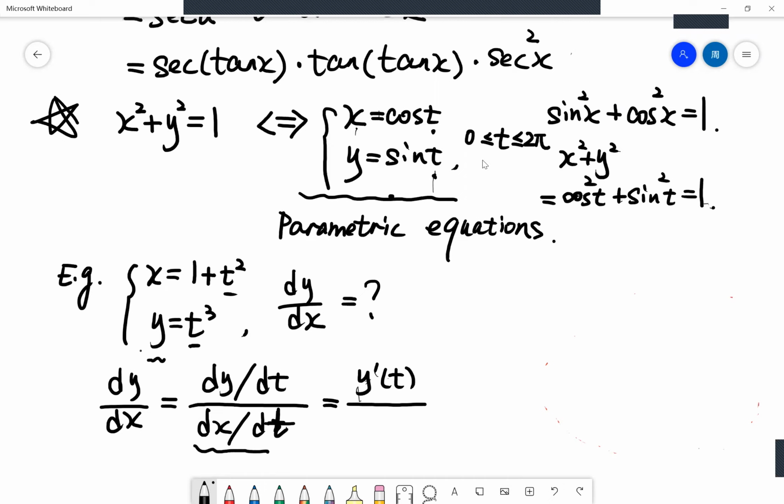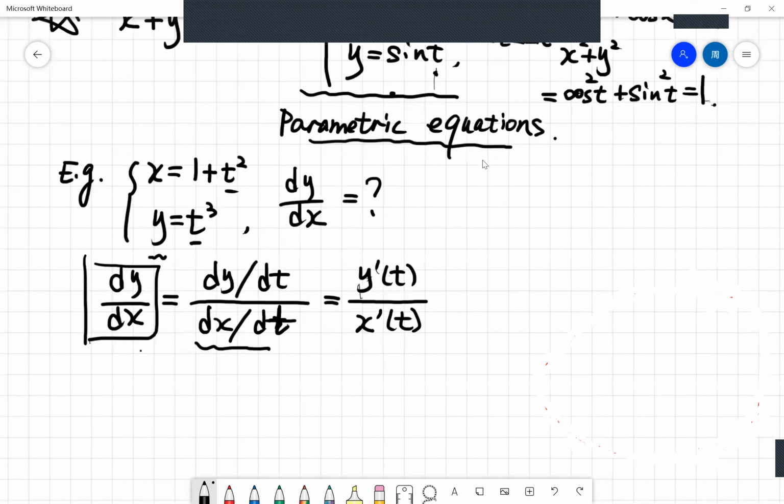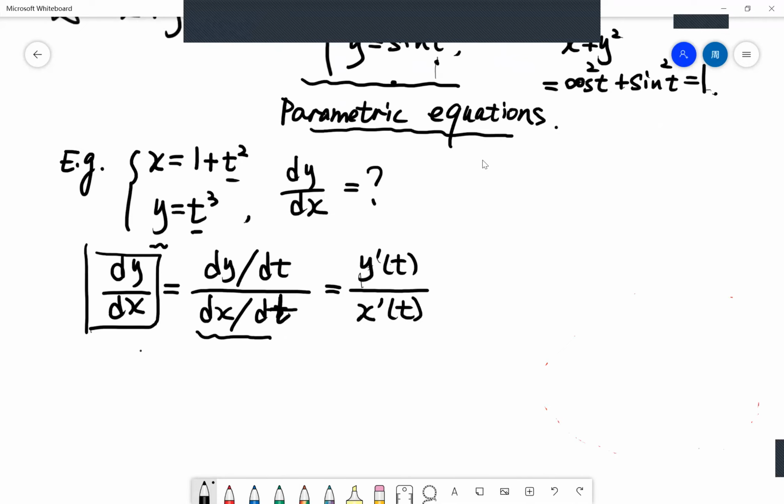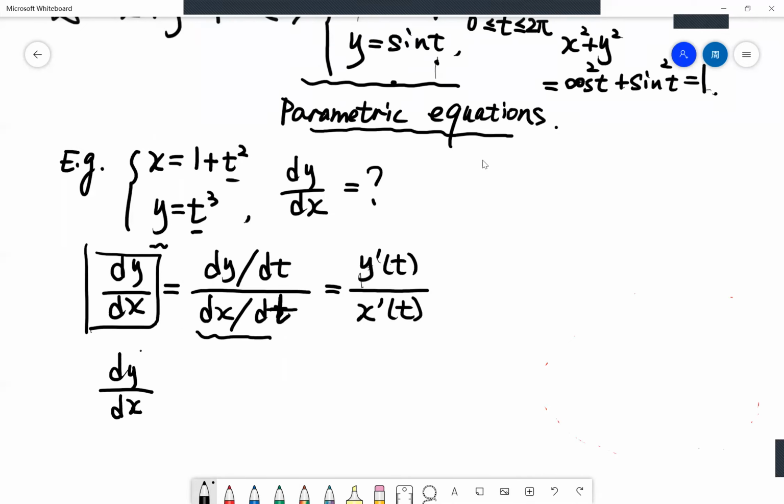And dx by dt means the derivative of x with respect to t, so you can write x prime of t. So we now know that dy by dx for parametric equations equals y prime over x prime. For this question, we just have to know y prime and x prime.